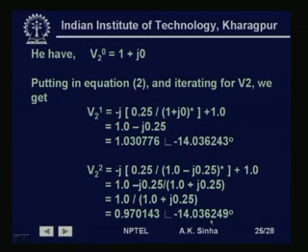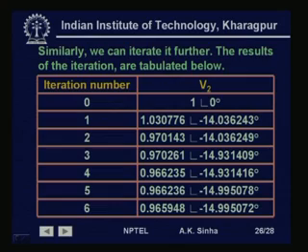If we now substitute this value of V2 for the third iteration, we will get a modified estimate and so on. If we keep doing that, we will get the values after the third iteration as 0.970261 angle minus 14.93.